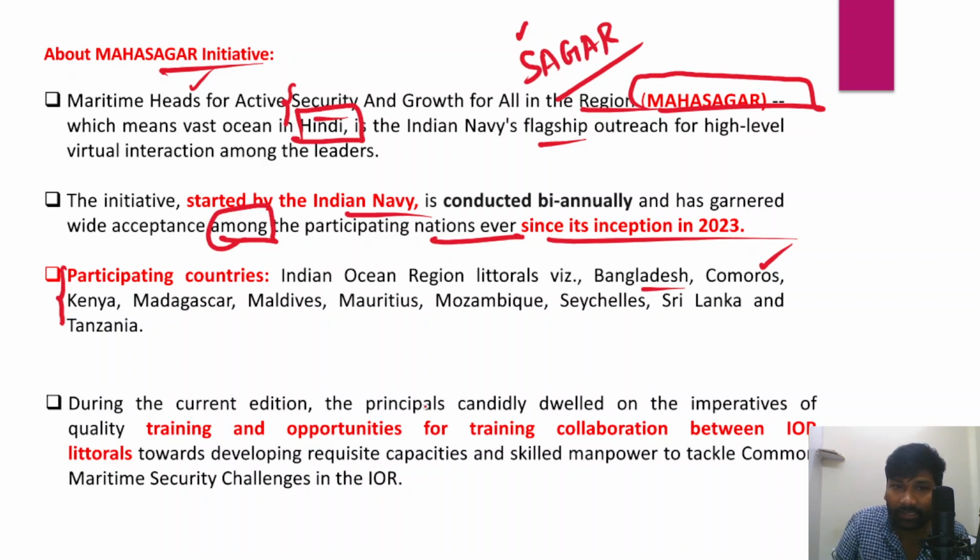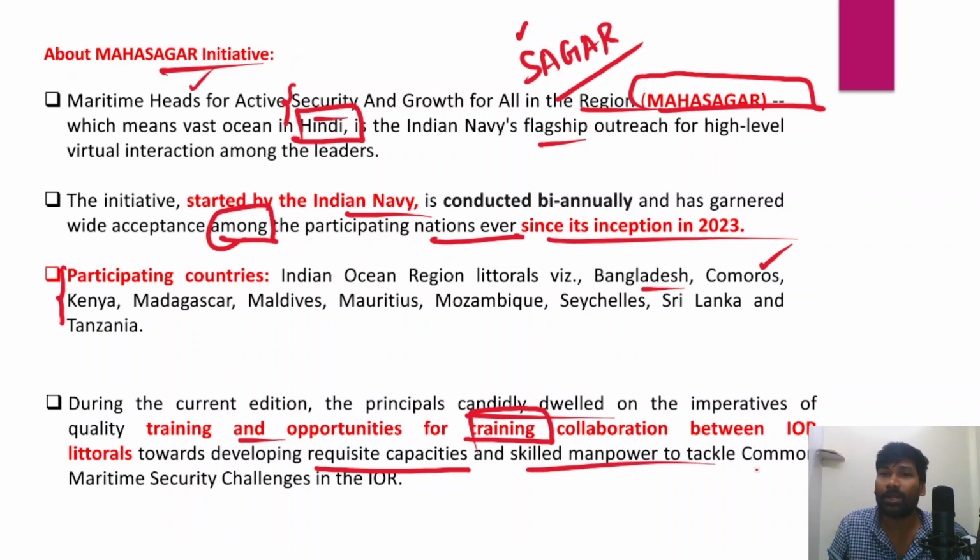During this current edition, the principals candidly dwelled on the imperatives of quality training and opportunities for training, and collaboration between Indian Ocean littoral states towards developing requisite capacities, capabilities, and skilled manpower to tackle various maritime security challenges.